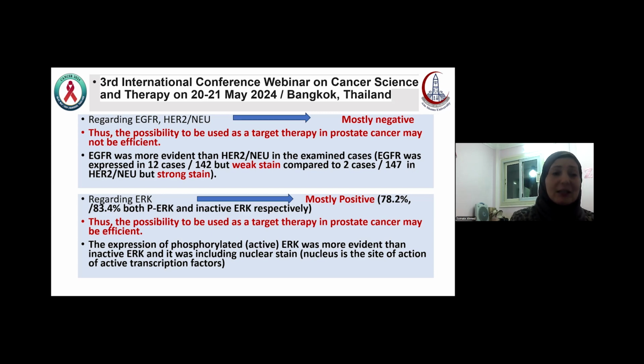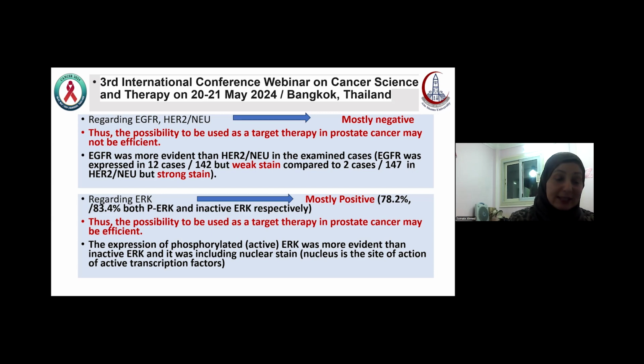Regarding ERK, in the first pathway, RAS, RAF, MAP, ERK pathway, most of the prostatic adenocarcinoma cases were positive for ERK, both active and inactive form, denoting activation of this pathway. Moreover, the active phosphorylated form was present in the nucleus.